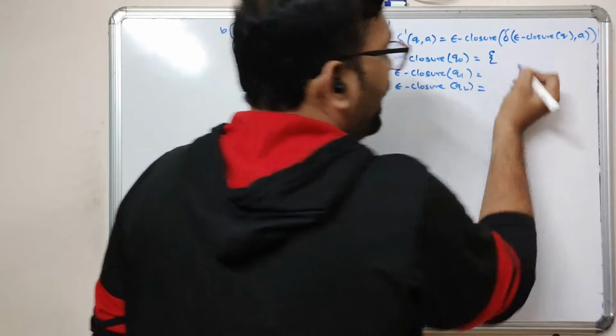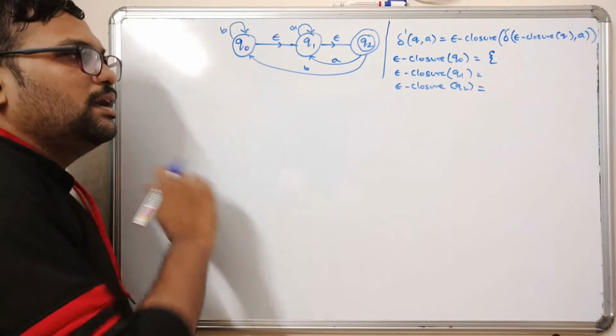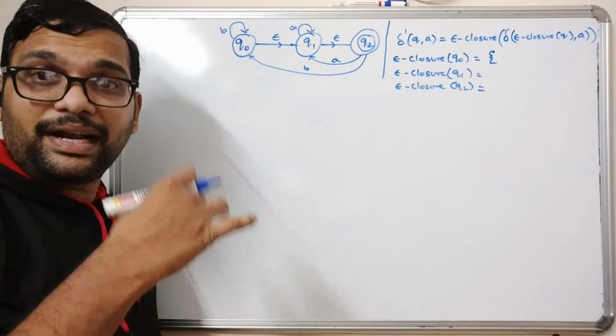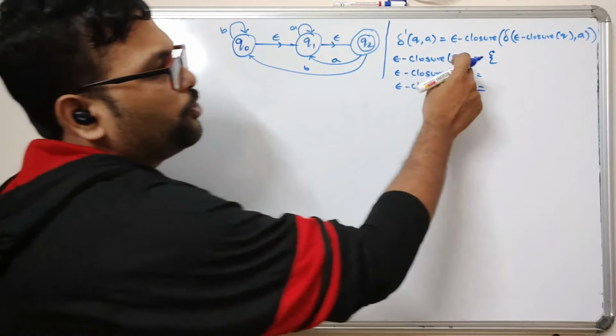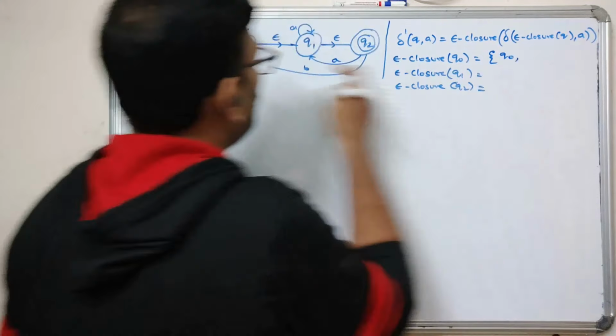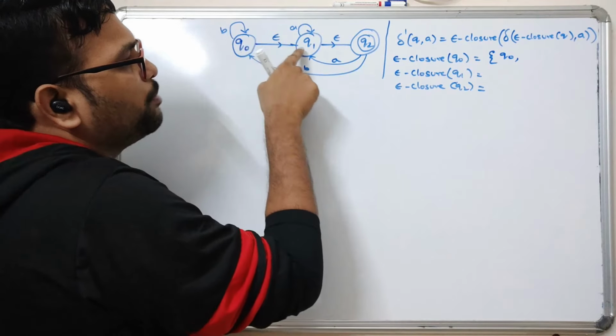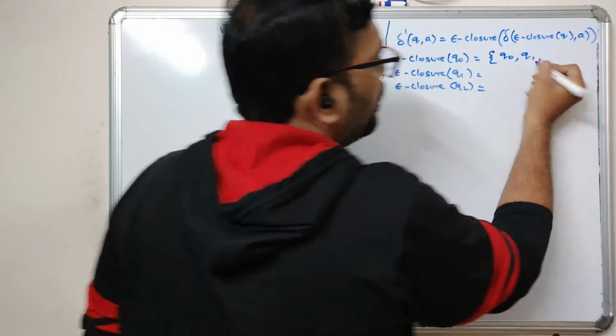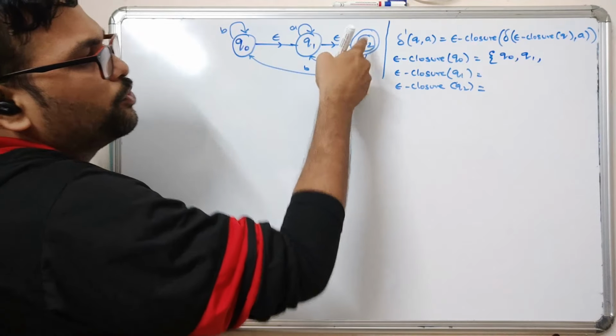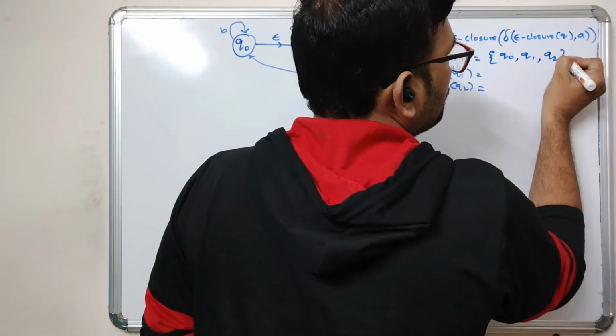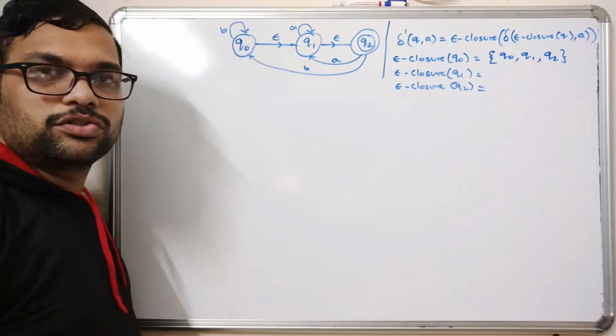As I have said earlier, every state will have a self transition with epsilon move. So first q0 will be there, and from q0, is there any epsilon move? Yes. From q0 with epsilon you can move to q1, and again from q1 with epsilon we can move to q2. So this is the epsilon closure of q0.